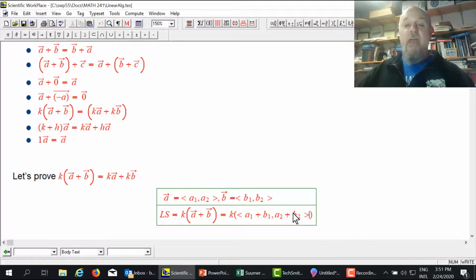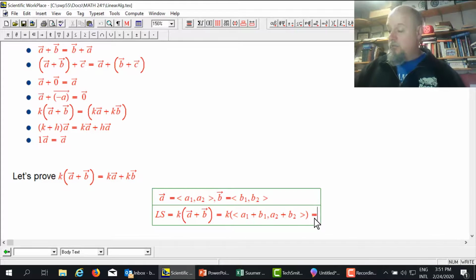And now this is just a vector. So here I used adding vectors together component-wise. And now I can just multiply this k into each piece, so into each component. That would be k times the first component and k times the second component.